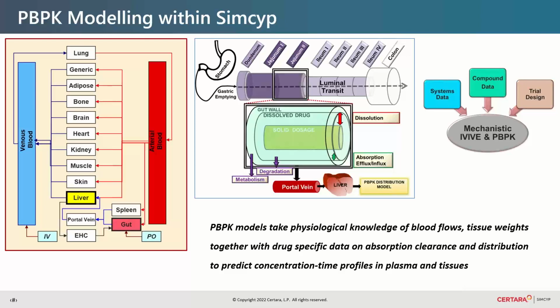As you know, for physiologically based models, what we're doing is integrating physiological information, so information about organ volumes and blood flows, information about weights of different tissues, together with drug-specific information, and then trying to make predictions of the absorption, clearance, and distribution of the compound so that we can predict the concentration in plasma and in different tissues.